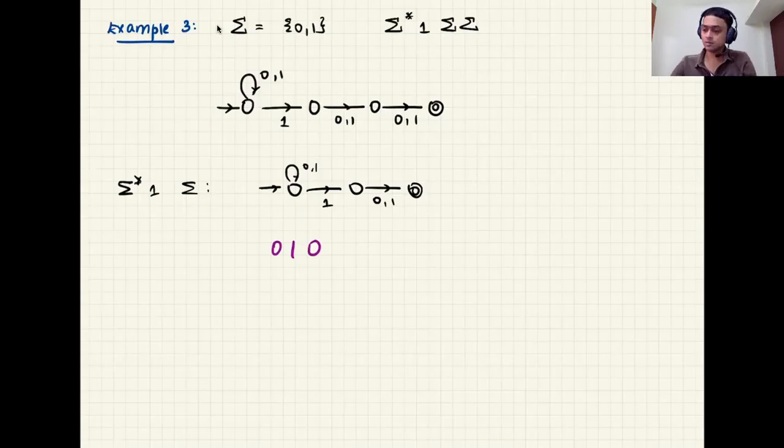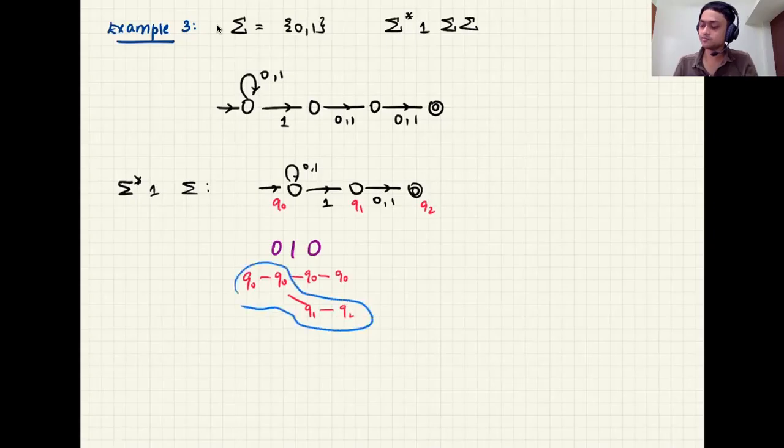Let me give names: Q0, Q1, Q2. I start from Q0. If I see a 0, I stay at Q0. From Q0, if I see a 1, I can either go to Q0 or go to Q1. Then if I see a 0, from Q0 I stay at Q0, and from Q1, if I see a 1, I go to Q2. And this is an accepting run.